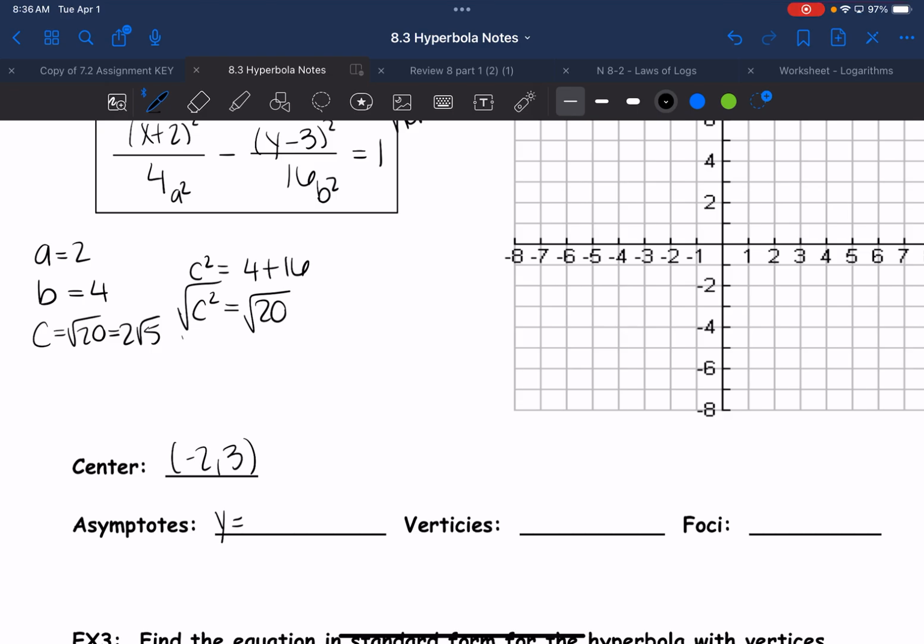So if I put b over a, that's going to be 4 over 2. And 4 over 2 simplifies to just 2, right? Times x minus h. And what was our h? Right, so minus negative 2 will really just be plus 2 in there, right? Okay, and then plus 3 for our k value.